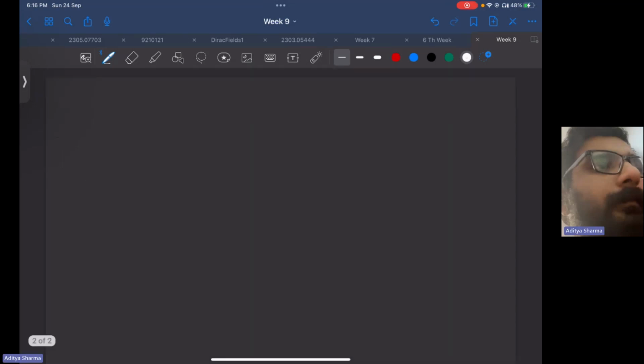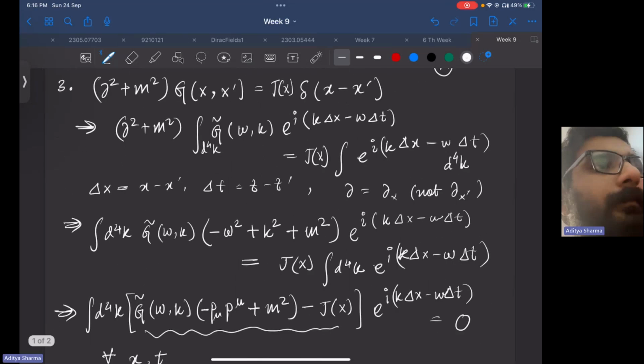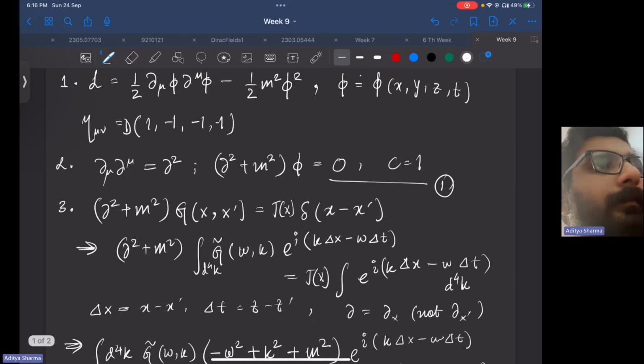Now for our problem, in our case, j of x is equal to 1. Therefore, the Green's function is 1 by p square plus m square, minus 1. Okay, let me see. There is some convention.